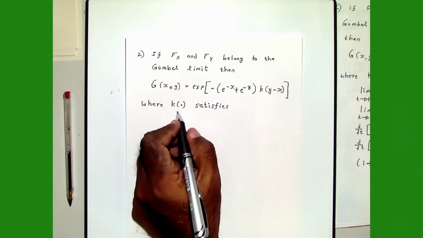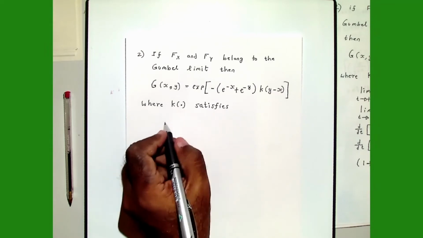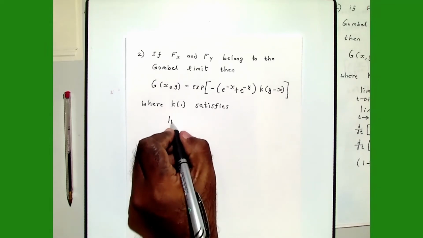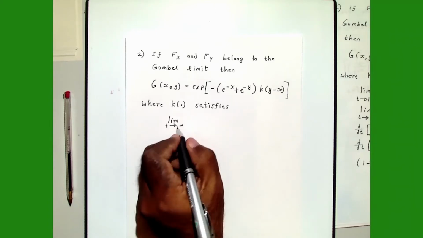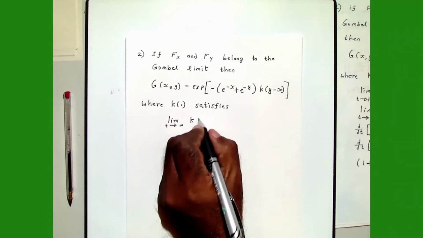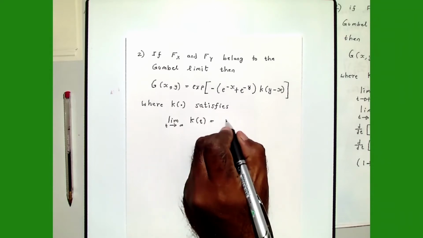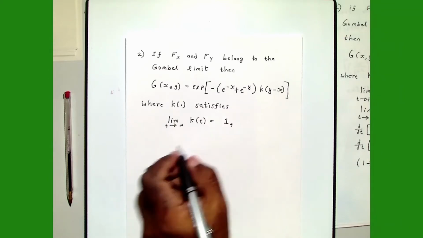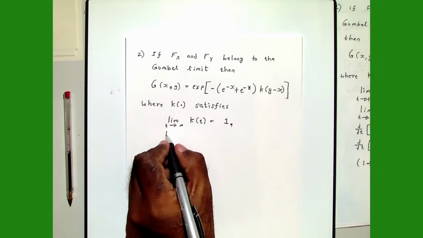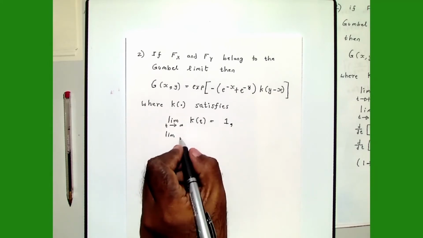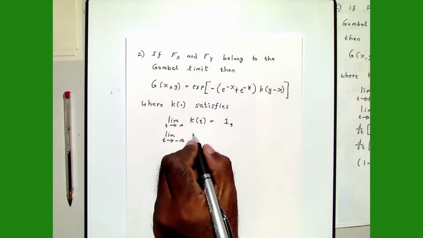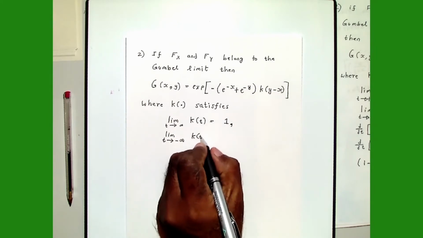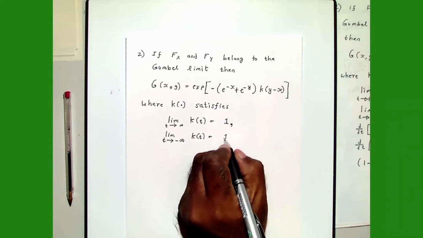Where K is a function that satisfies the following conditions. That the limit as t goes to infinity of K of t must be 1. That the limit as t goes to minus infinity of K of t must be 1.